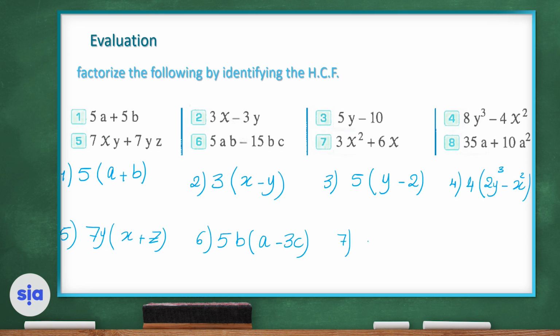Question 7. 3x squared plus 6x. The common factor is 3x, and what's inside the bracket will be x plus 2. Question 8. The common factor is 5a, where what's inside the bracket will be 7 plus 2a.